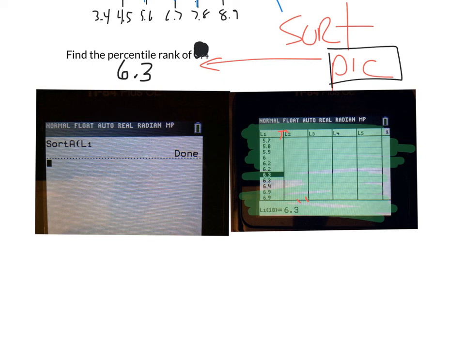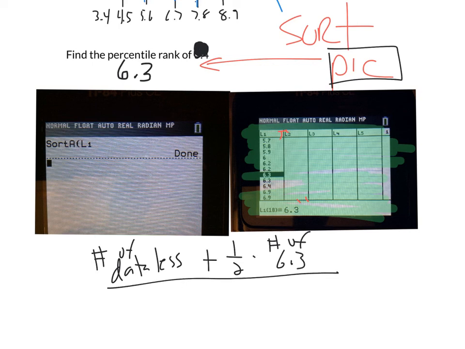Now what you want to do is take the number of data less and then add 1/2 times the number of 6.3s and divide by the total number of data. So here I highlighted the first 6.3. Notice it's in the 18th spot.